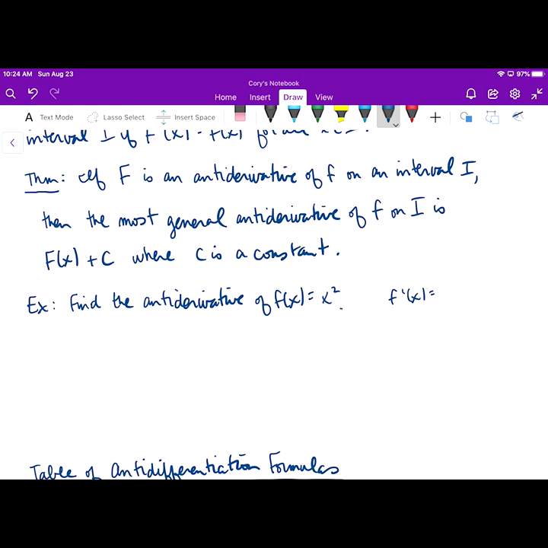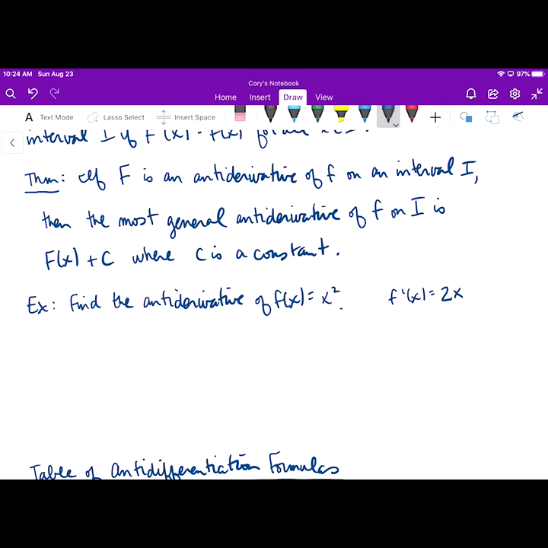So taking the derivative using power rule, we pull the exponent out front, so 2, and then we multiply that by x, and then we subtract 1 from our power, so that's going to be 2 times x raised to the first power, which is 2x.